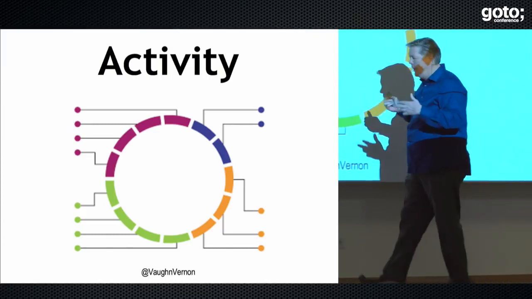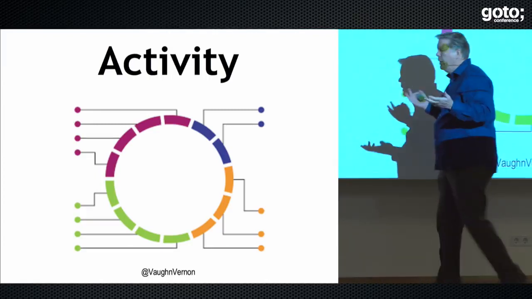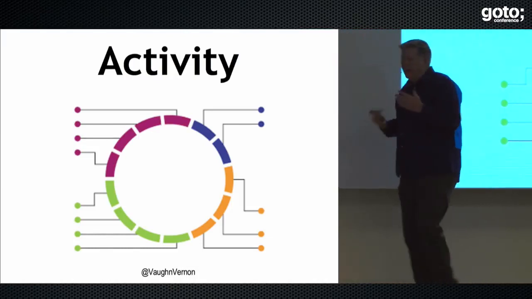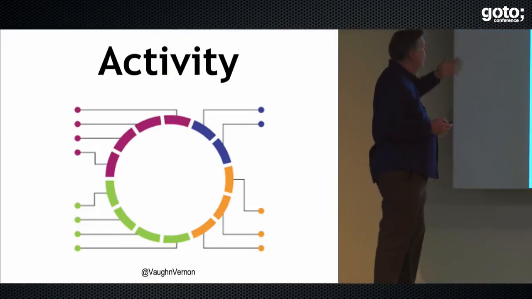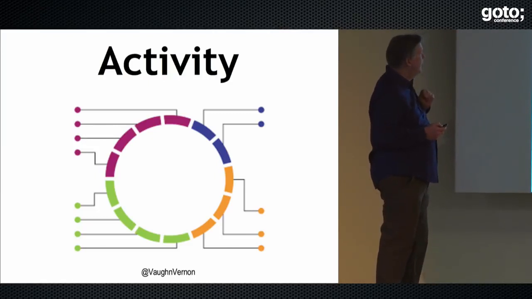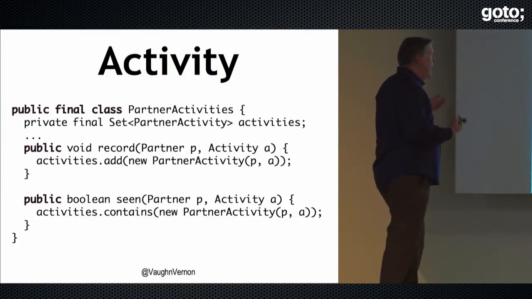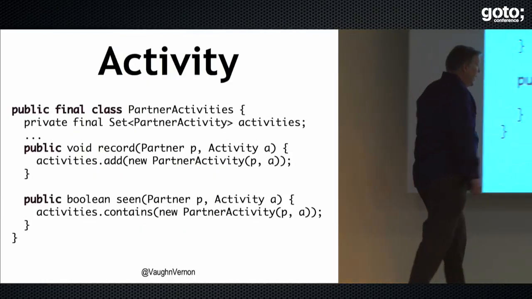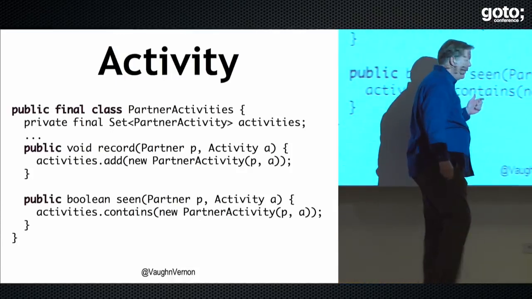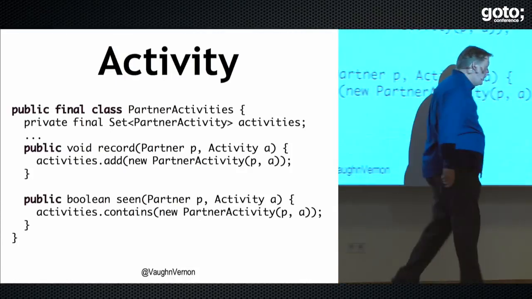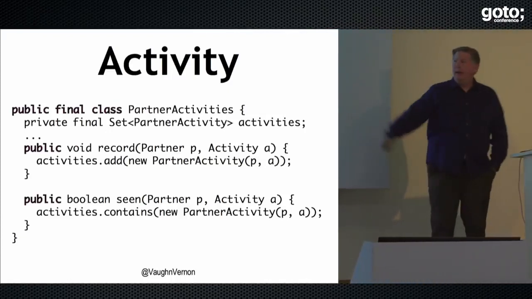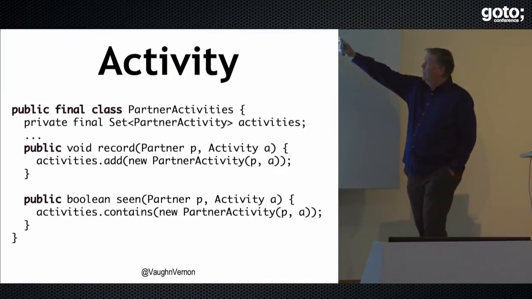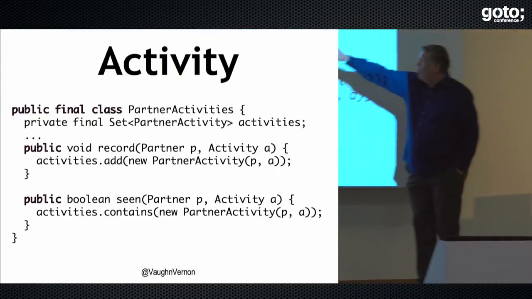And Pat Helland says that here's an idea that you can use for dealing with the uncertainty or modeling uncertainty. Now, Pat Helland doesn't go deep into how you would actually perform this, but when I read his paper, this is just kind of the idea that I get. An activity can be modeled as partner activities where we're going to record an activity.